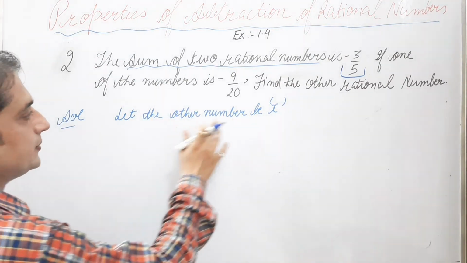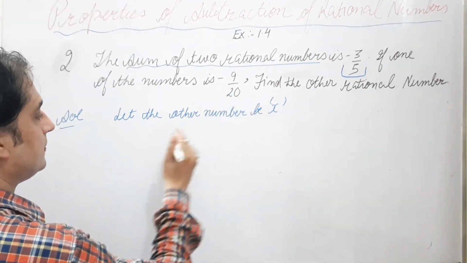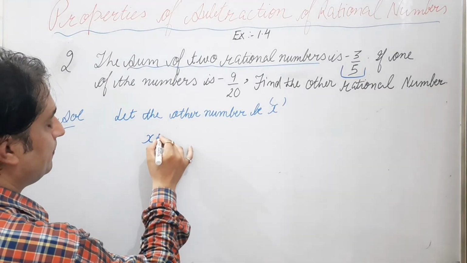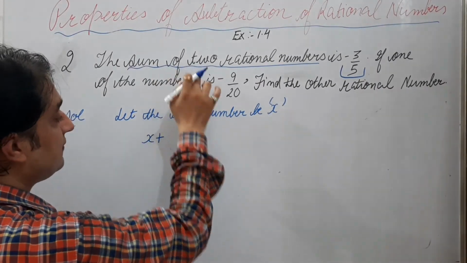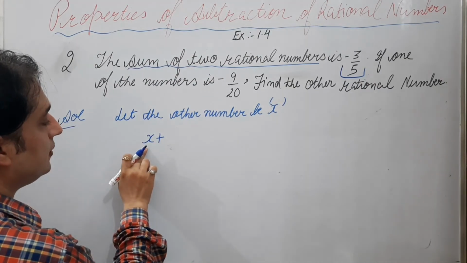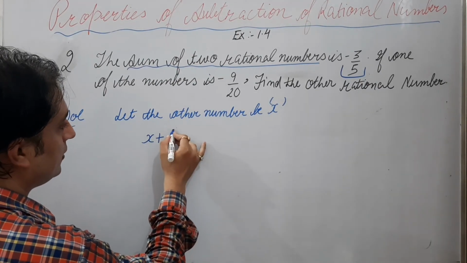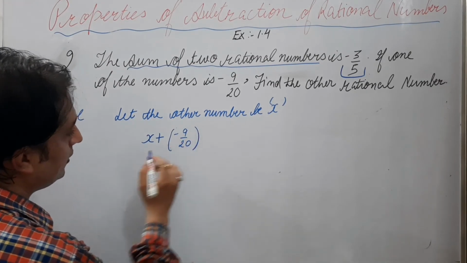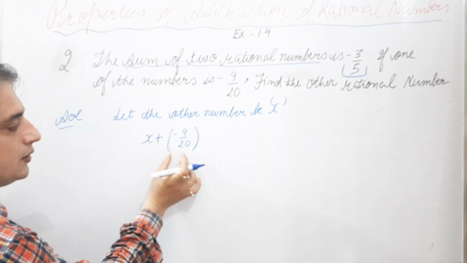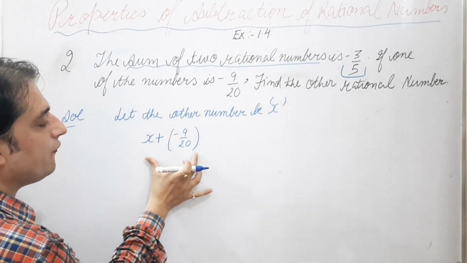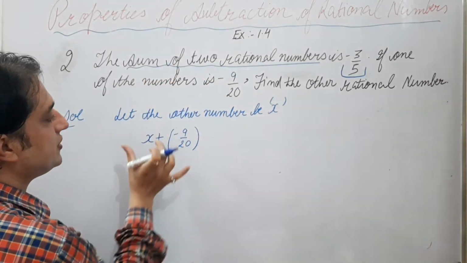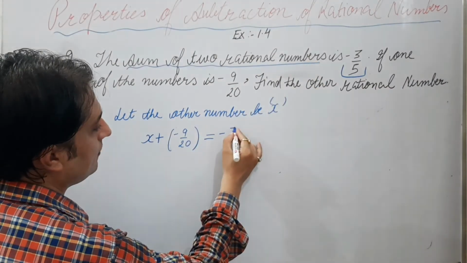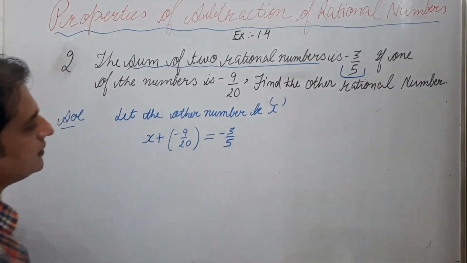According to the question, x plus the first rational number, minus 9/20, because the sum is given, is equal to minus 3/5.